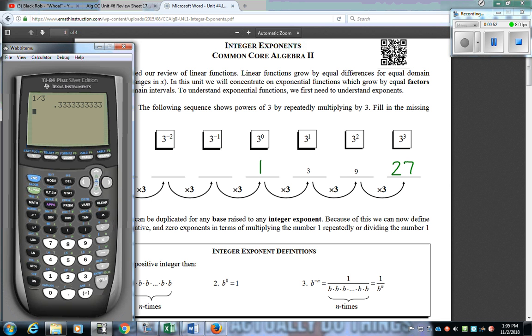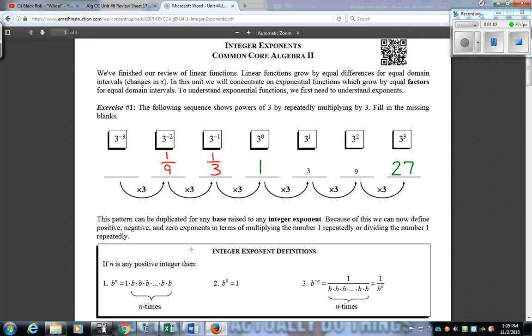So like in this case, it's 0.33 repeating, which is again 1/3. So what you'll see happen with these negative exponents is that they're not negative answers. They're actually fractions that are being multiplied again by that base factor, which in this case is the number 3.